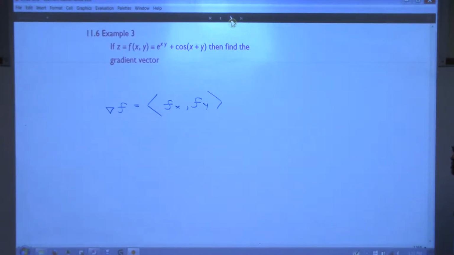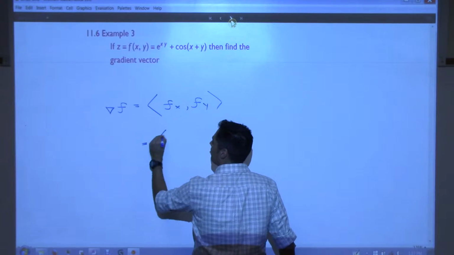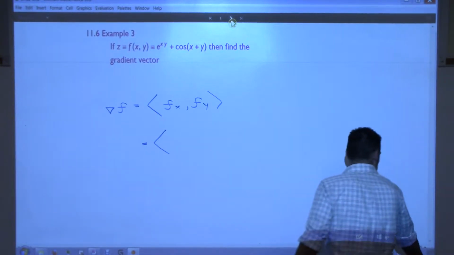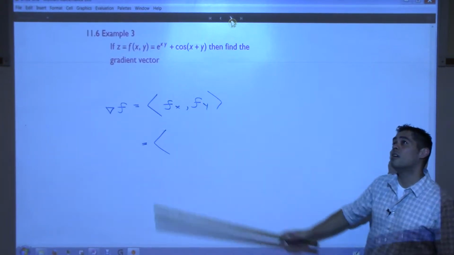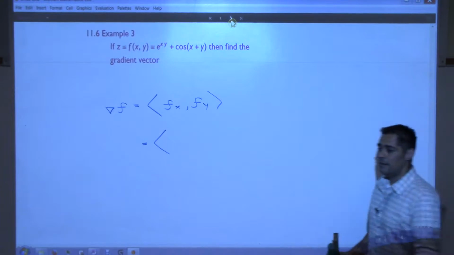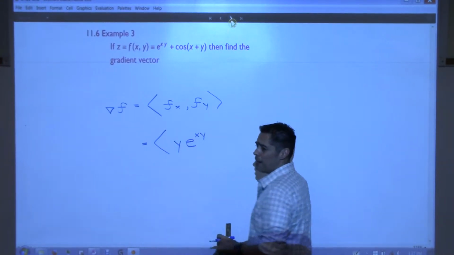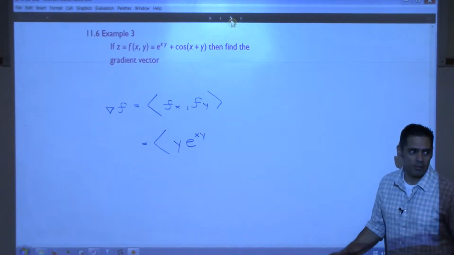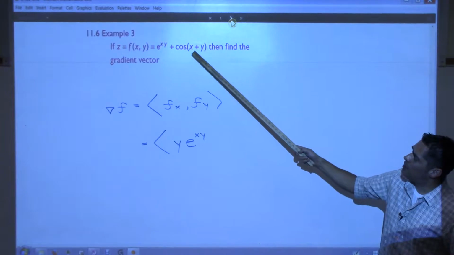And so let's just compute what's the partial of f with respect to x. Let's see. We have a sum, right? So we can do partial of e to the x y with respect to x would be y e to the x y. See, I'm assuming that you're okay with that by now, that you can do partial derivatives by now. Plus the derivative of cosine of x plus y.